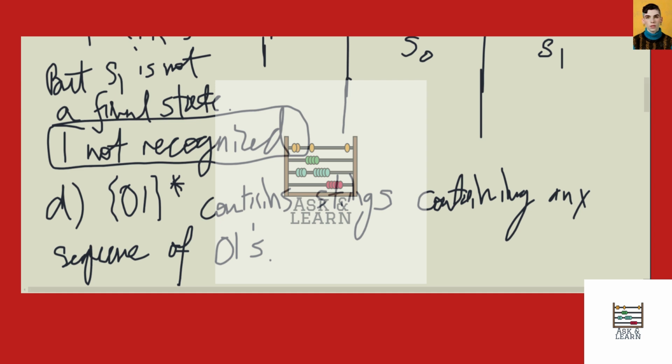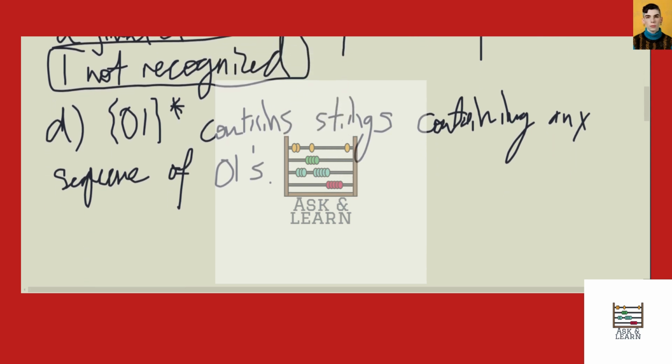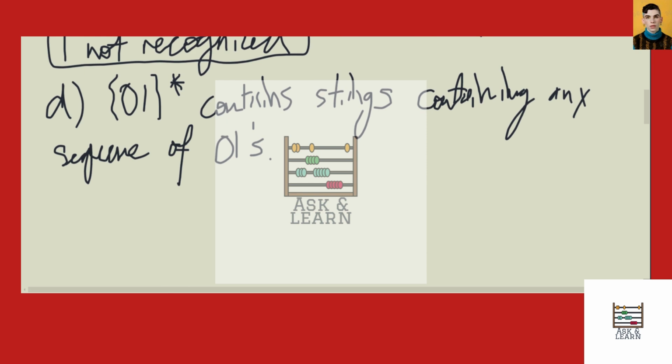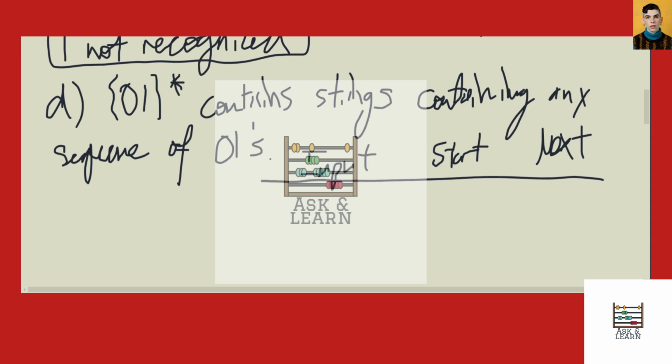Now, if a string is non-empty, and again I'll draw a table, so we have the input, the start state, and the next state. If our string is non-empty, it has to at least have a 0 or 1 in front.